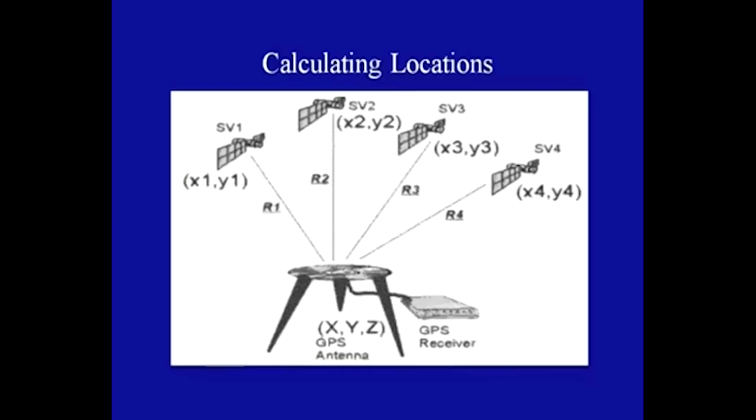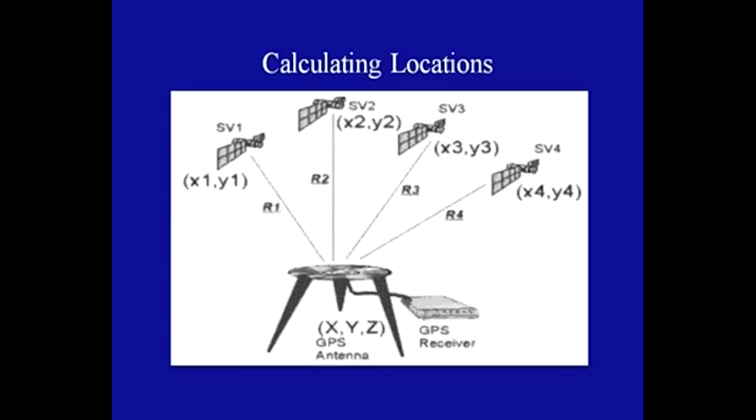To give a better idea, let us look at this particular illustration, which shows a GPS receiver located at a point whose values are unknown at this point of time, and they are designated as capital X, capital Y and capital Z. Now, this particular receiver is in contact with a minimum of 4 satellite vehicles.